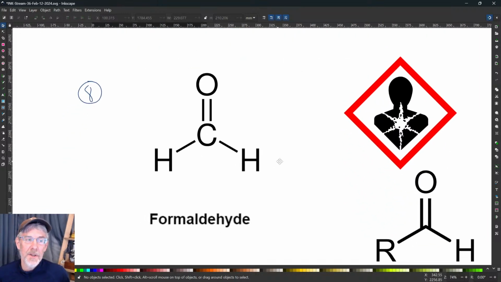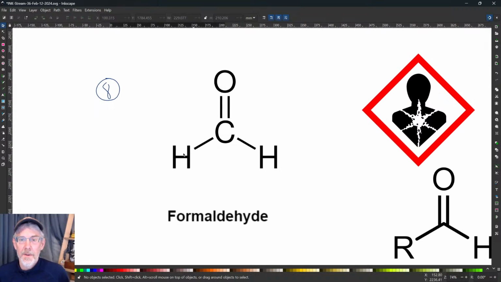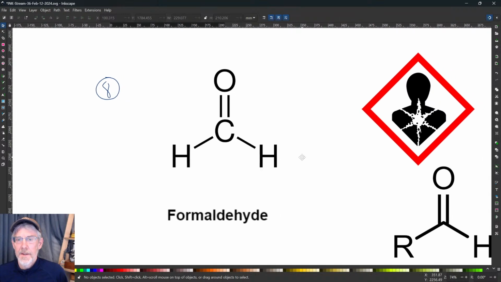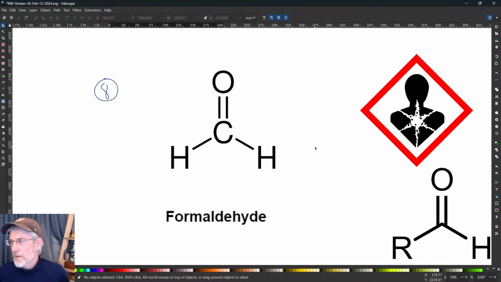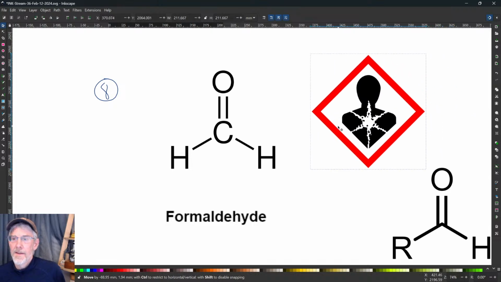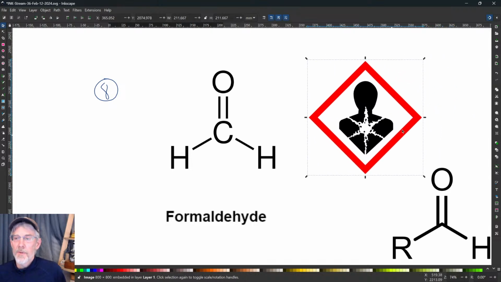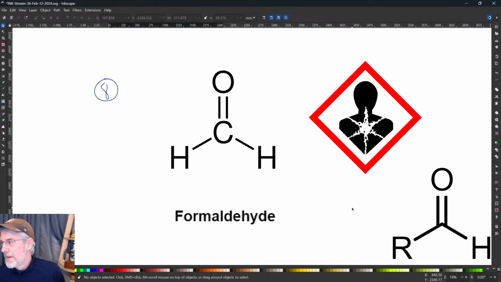Here's an aldehyde, because we have the carbon with the hydrogen on the end here. So no chart this time. Just got to figure it out without the chart this time. Make it a little more difficult for you. Don't drink formaldehyde, incidentally, or I guess your heart will explode. Here's what this is looking like to me. All right.